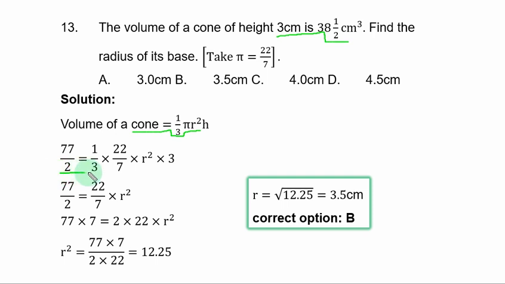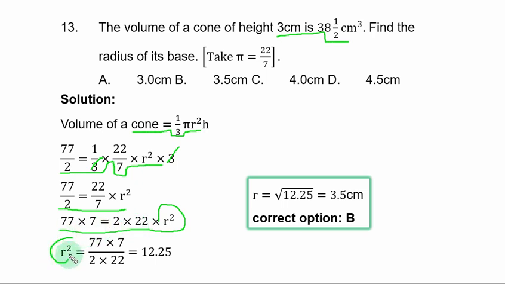If you convert it to improper fraction, you have 77/2 equal to 1/3 times the value of pi, 22/7 times r squared times 3. If you reduce, these 3 can cancel 3, you are left with this. So to clear the fractions, you simply cross multiply and you have it in this form. To get r squared first, divide both sides by 2 times 22.